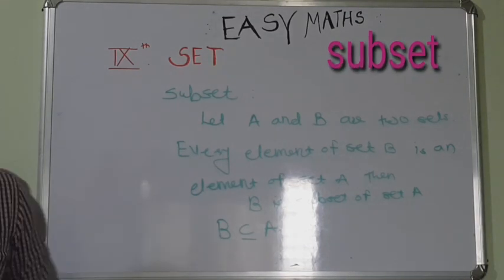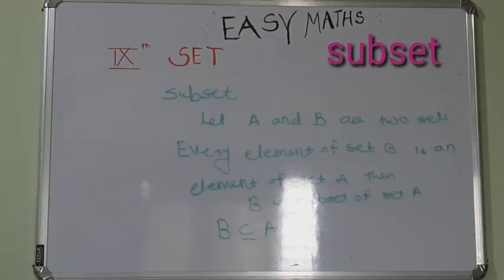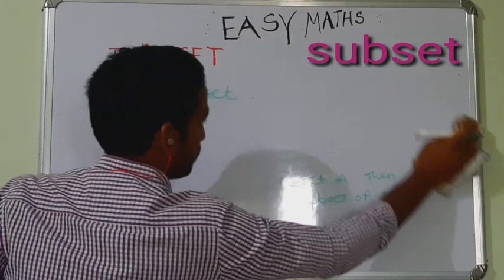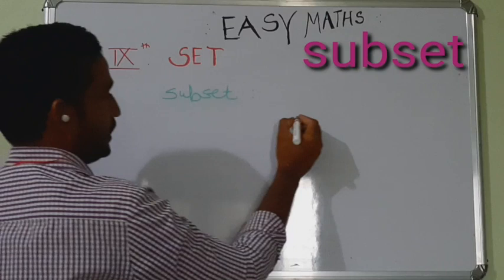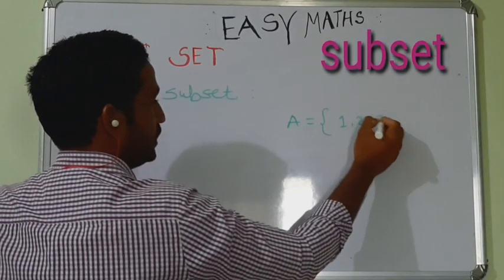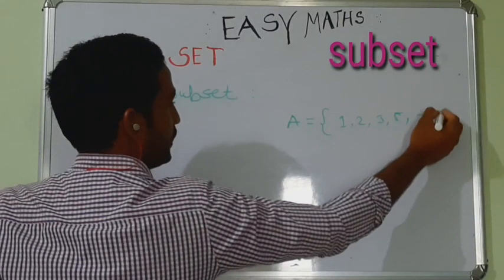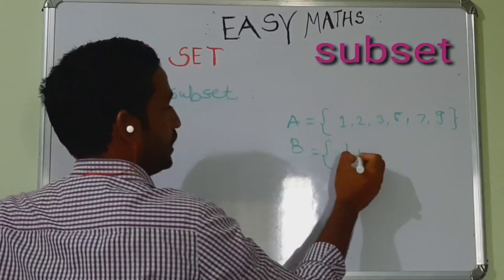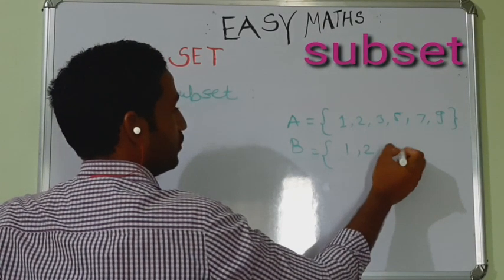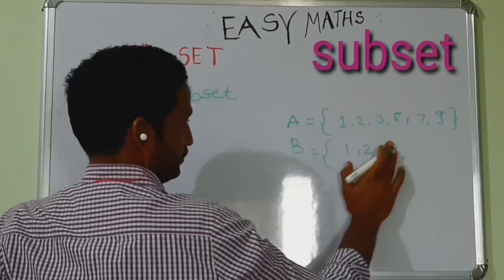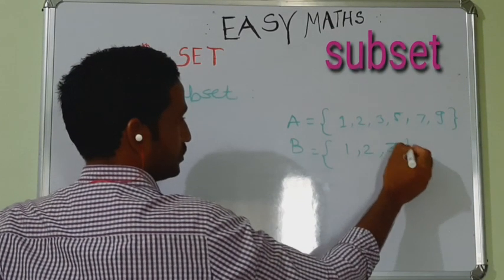Set A equal to {1, 2, 3, 5, 7, 9}, and set B equal to {1, 2, 3}.